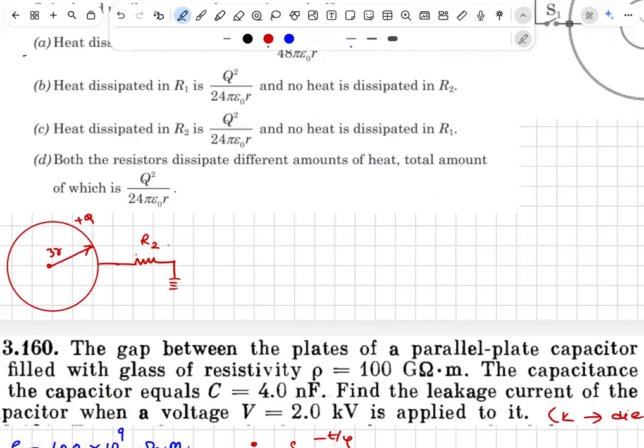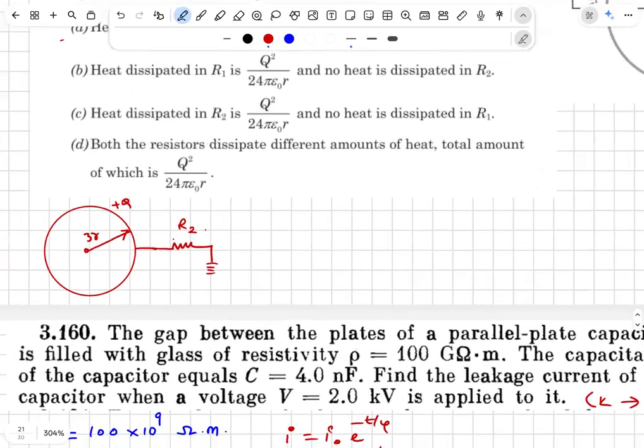So finally, what was the energy available to me initially? Now, please speak only this part. What happened in between, forget about it, because I have already given a proper account for that. UI is 1 by 4 pi epsilon naught times Q square by 9R, right? 9R meant 3R.